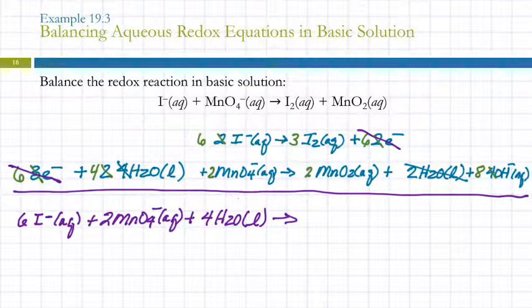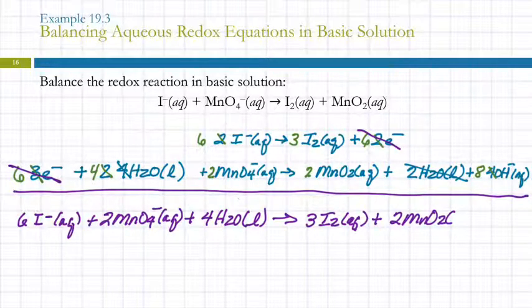And then my products are going to be 3 iodine molecules, aqueous, 2 MnO2, and 8 hydroxides. And then you should always check the charges balance and the atoms balance.